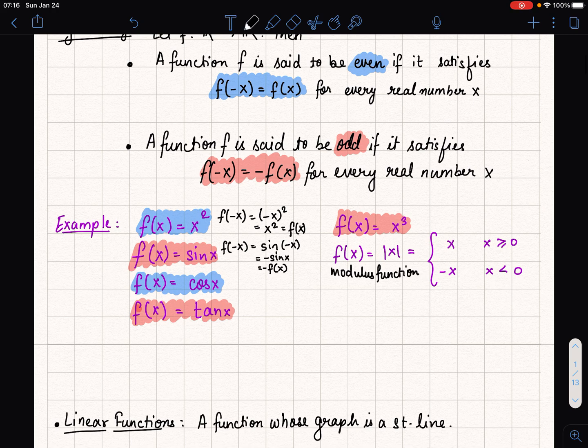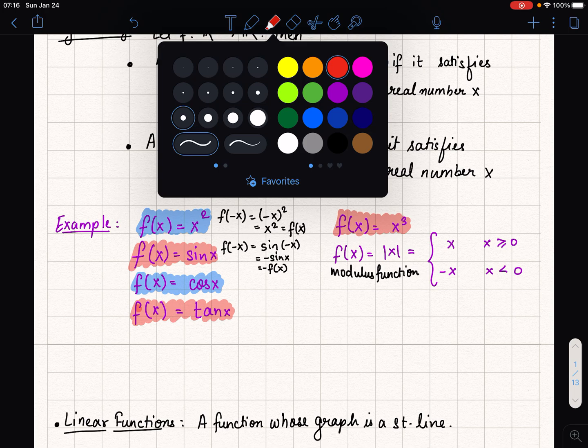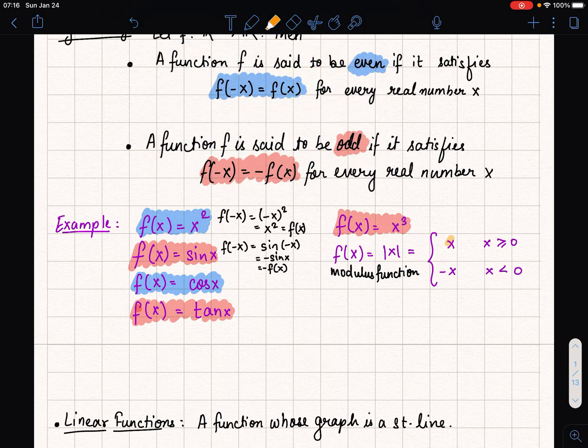A modulus function is a piecewise function of the form x when x is greater than or equal to 0 and negative x when x is less than 0. So what we do here is first we look at f of minus x. f of minus x is absolute value of minus x.